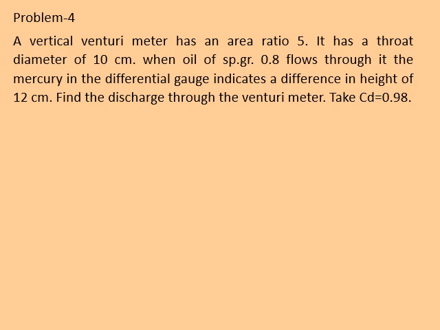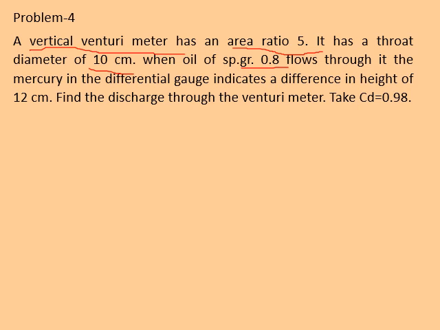So this numerical is related to a vertical venturimeter, and the area ratio is given. The area ratio is given as K equal to 5, the throat diameter is 10 cm, and oil of specific gravity 0.8 is flowing through the pipe.